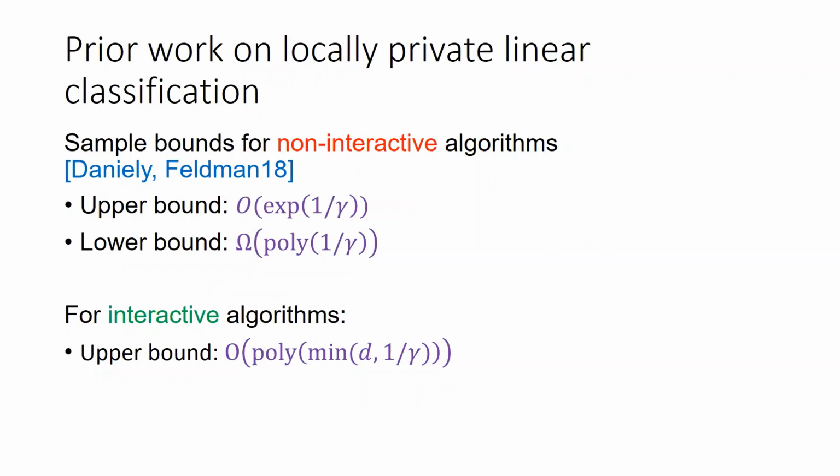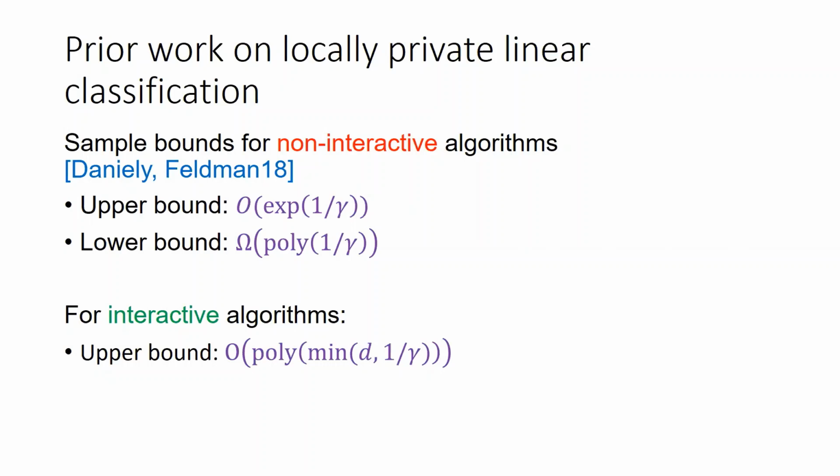Let's discuss the related prior work. Daniely and Feldman showed that non-interactively, the sample complexity is at least polynomial in 1 over the margin, while the upper bound is exponential, and this leaves an exponential gap.